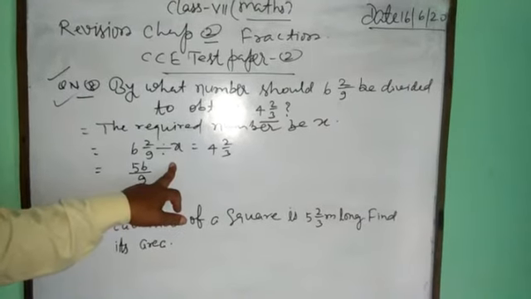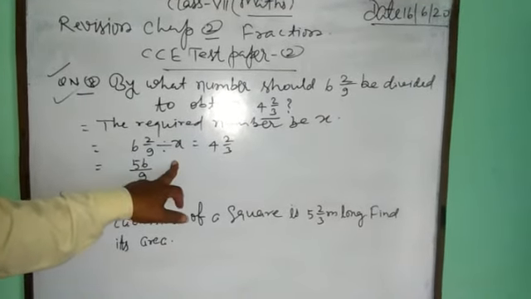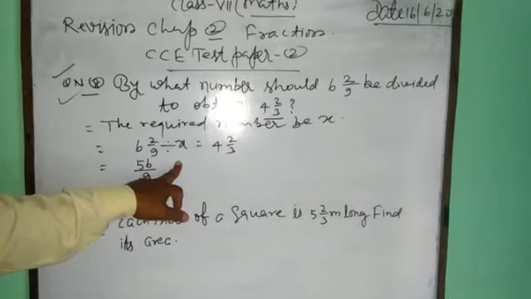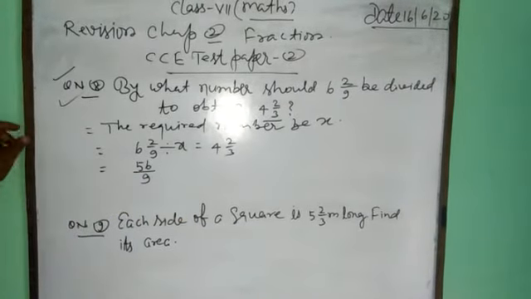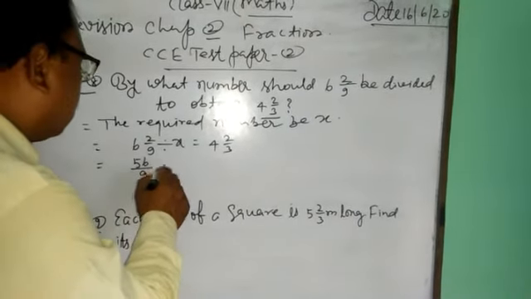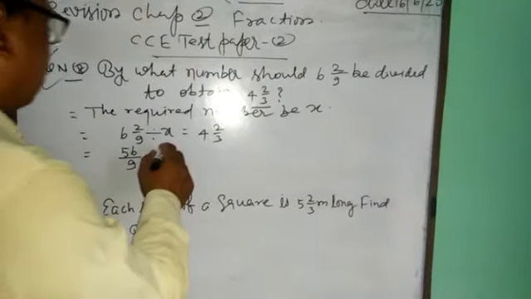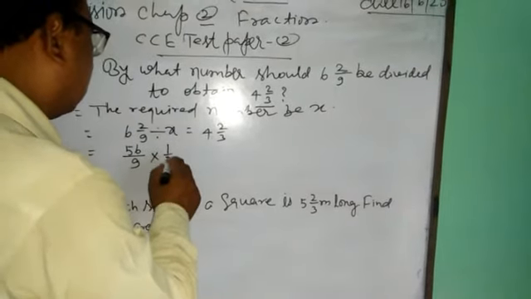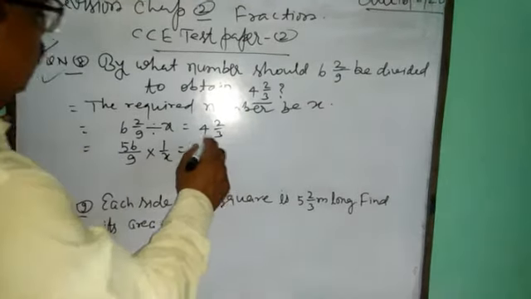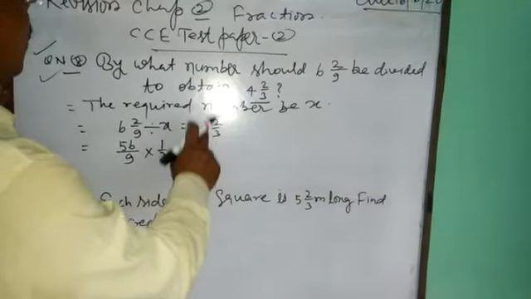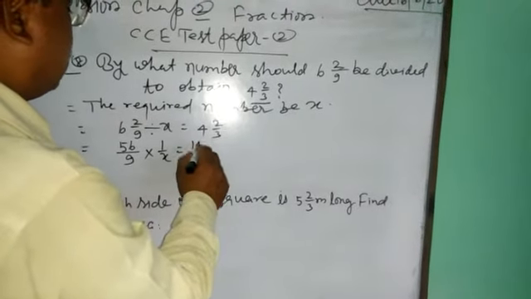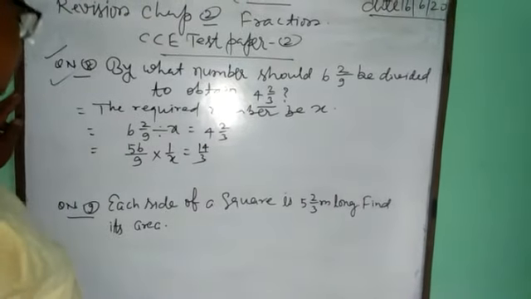The divide sign changes into multiplication, so that is reversed. 1 by x is equal to 4 3s are 12 plus 2, 14 by 3.